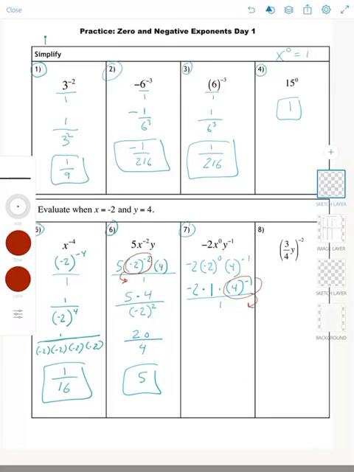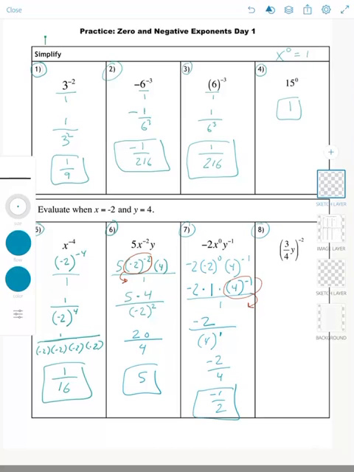This goes to the bottom and becomes a positive exponent. So we're going to be left with negative 2 times 1 doesn't matter. And on the bottom we have 4 now to the positive 1 power. Well, 4 to the first power is just 4, so we have negative 2 over 4. And you can reduce that to negative 1 half.